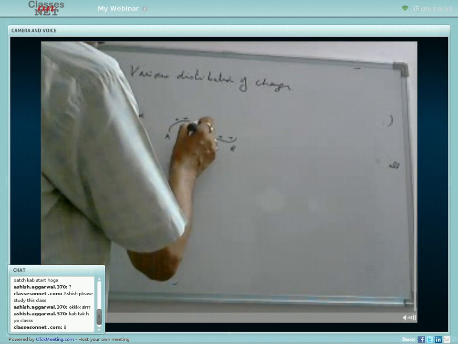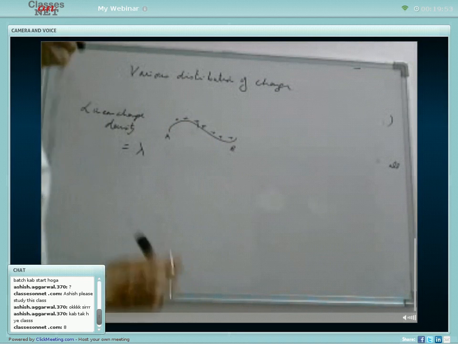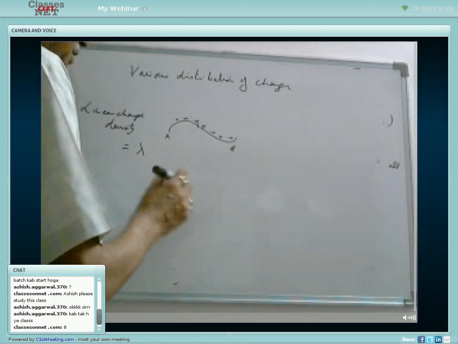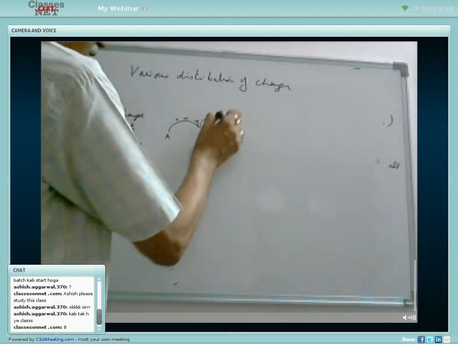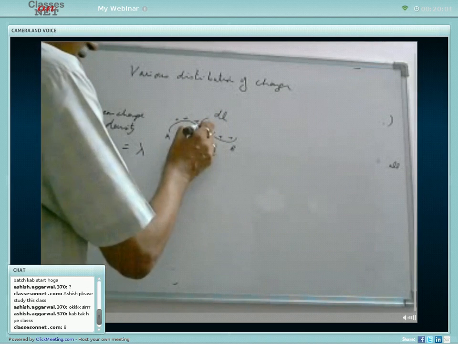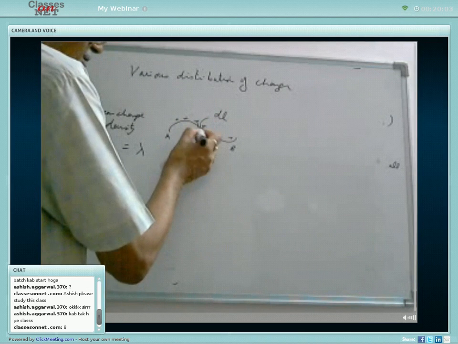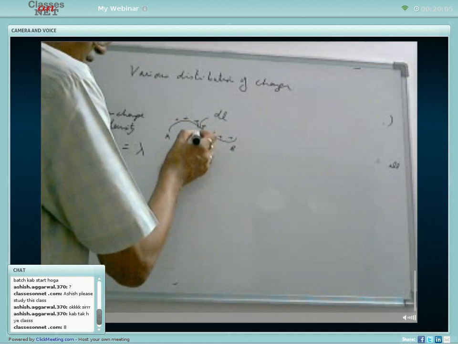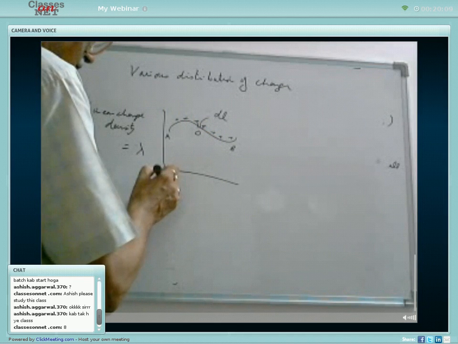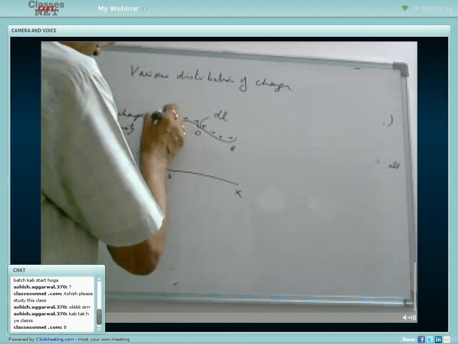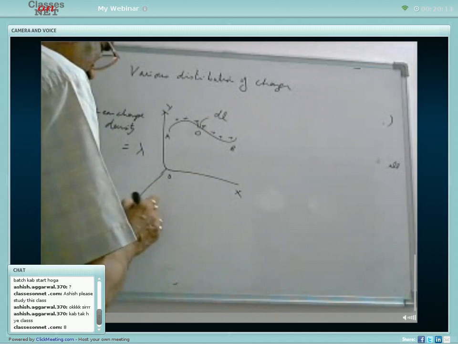In this case, if we are interested to find out the electric field due to this linear distribution of charge A to B, take a small element here, dl, and take the middle point here. Say some point O, we have these three axes, OX, OY, OZ.